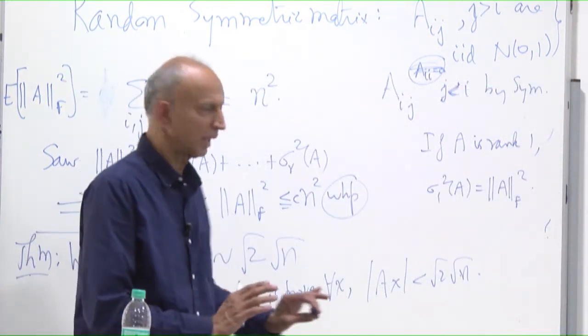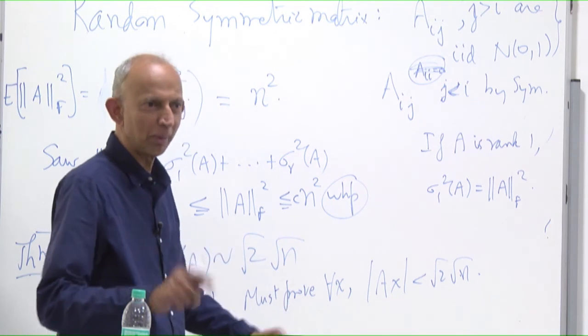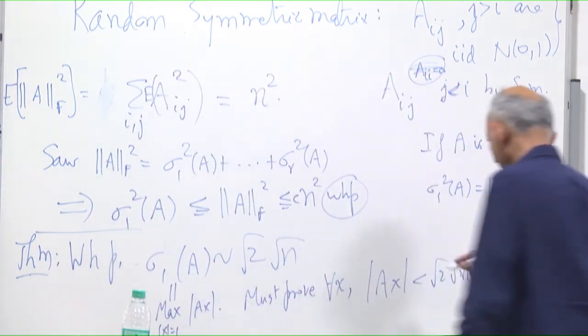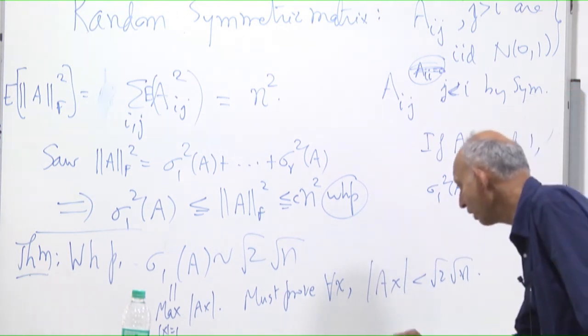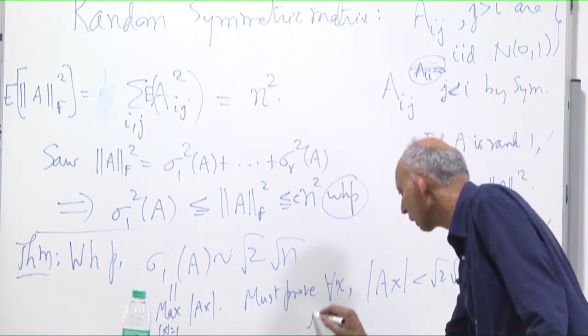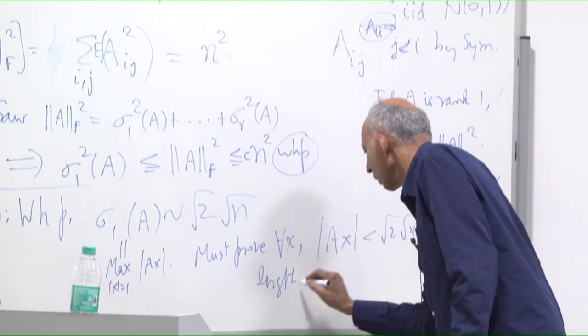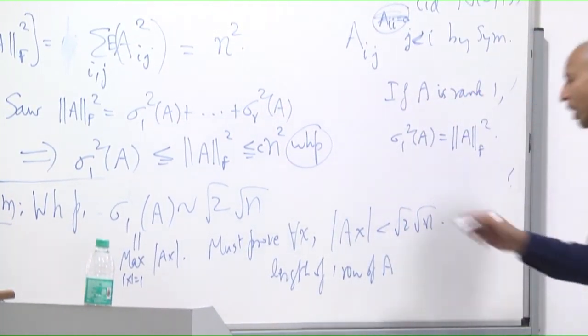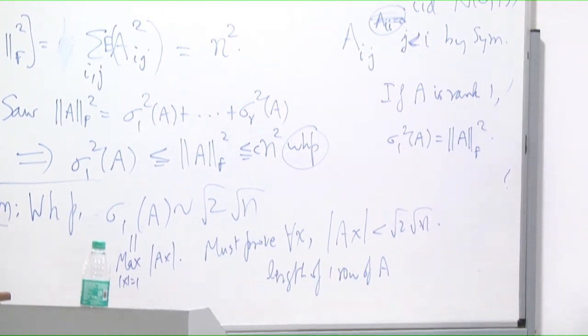That's not the subject of this lecture, so I won't be able to prove that. But I want to point out one thing before we go on. And the one thing is that the length of one row of A is itself as large as root n.